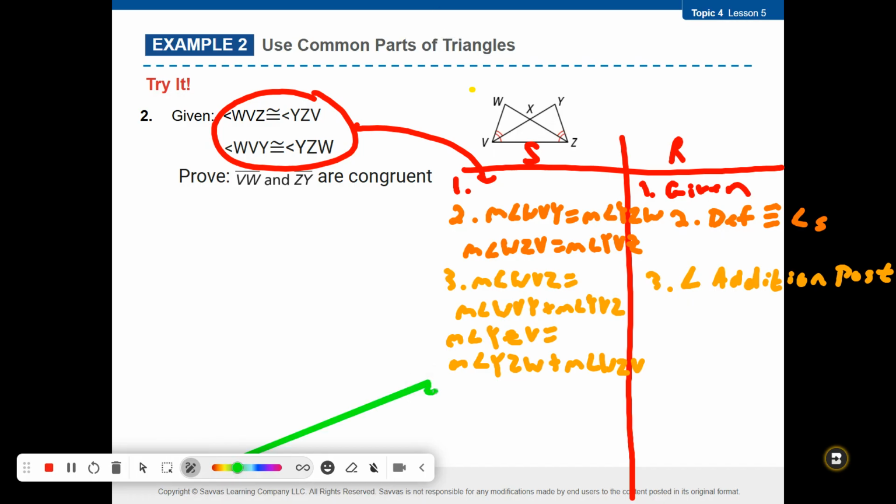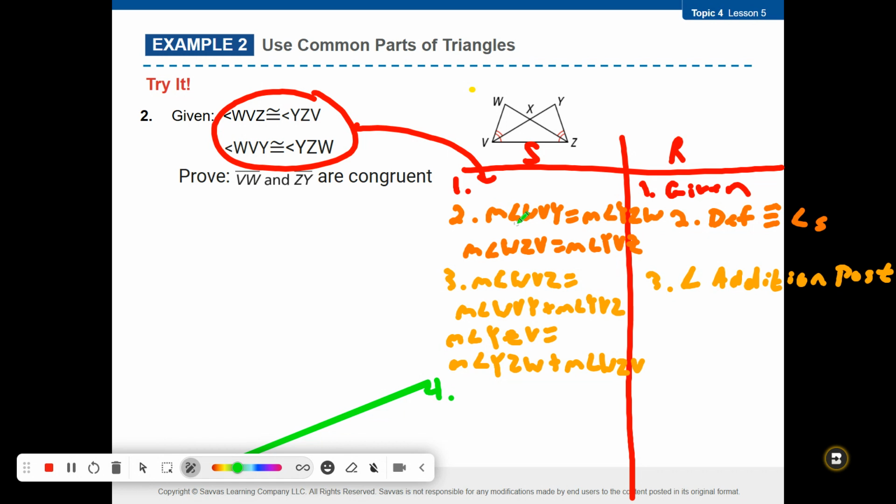All right, part 4. Now, if we take a look at this, remember, we have these things that are already equal to each other, right? So we can replace some of them in order to get what we need.